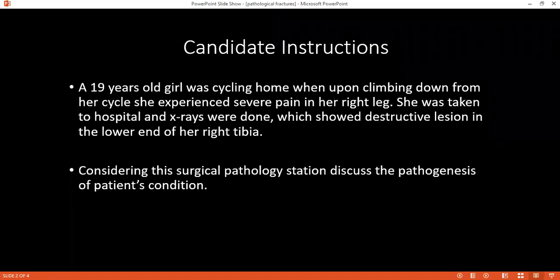Where the bone gets fractured with trivial trauma or with a pre-existing pathological lesion like some malignancy or osteomyelitis, so that the bone gets fractured in mild trauma.